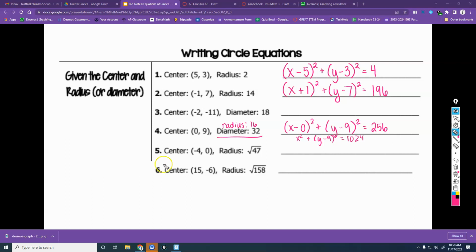Okay, let's skip down here and do number 6. The center of number 6 is at 15, negative 6. So we would have x minus 15 squared plus y plus 6 squared equals, what are we going to get when we do the square root of 158 squared?